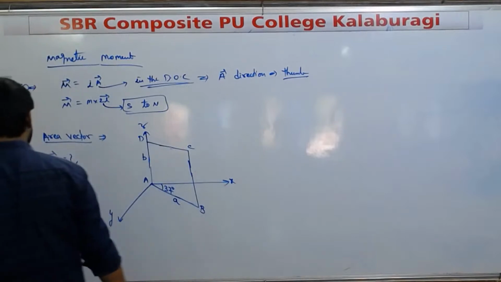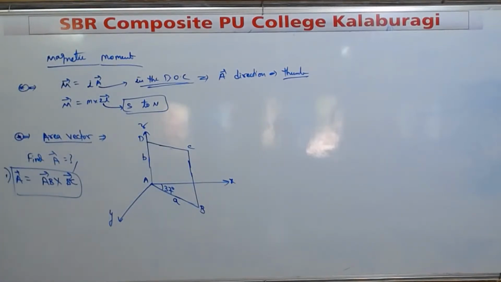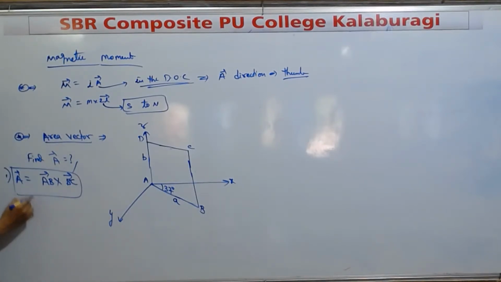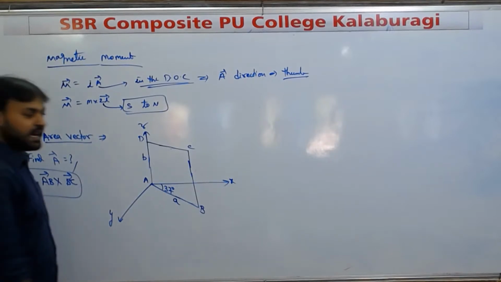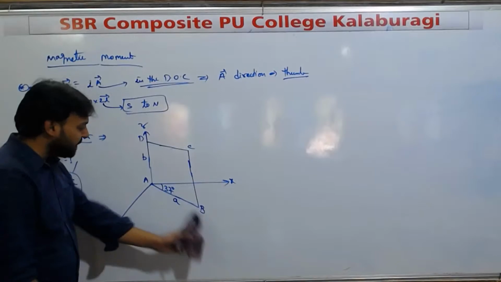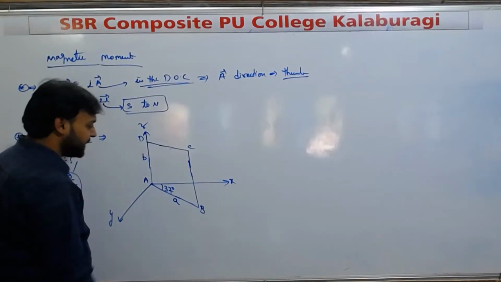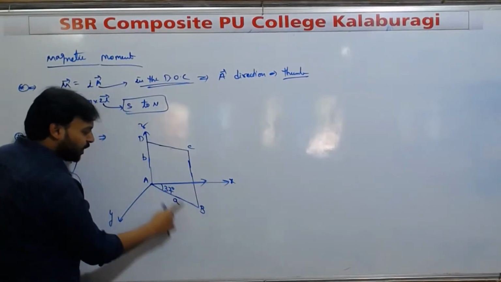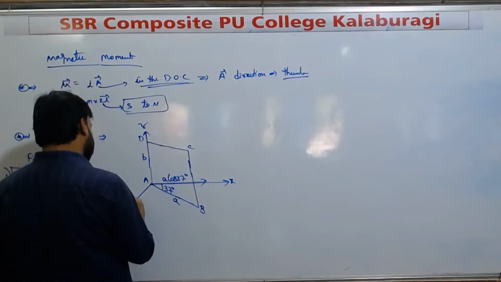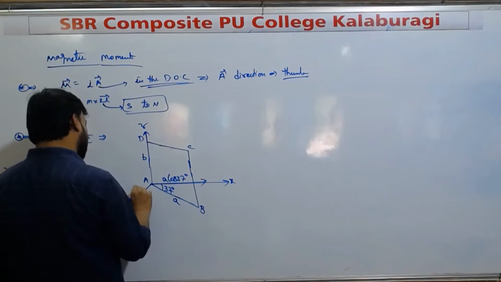Now here what do we have to do? A bar equals, I will explain the concept, this is basic: A bar equals A B bar cross B C bar. How to calculate A B bar? Is A B bar only along the x-axis or y-axis or z-axis? No, it is in the plane, right? You have to resolve it into components. So A cos 37 is along the x-axis and A sin 37 is along the y-axis.